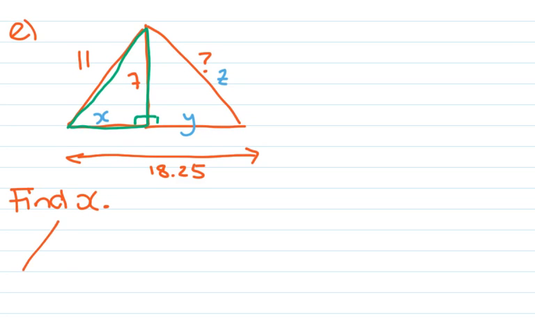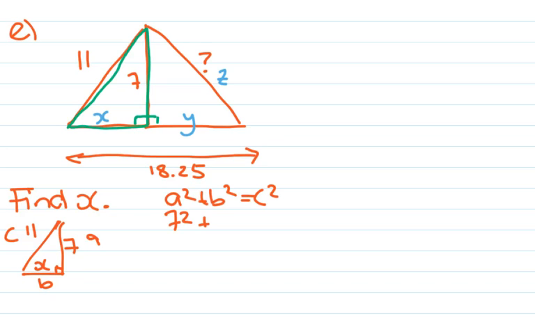So in this little triangle here, this length was 7, 11, and X. So 11 is the hypotenuse, so that would be C. 7 is A, and X is B. So I'll have A squared plus B squared equals C squared. A squared is 7 squared plus, I don't know B squared, and C is 11 squared. 7 squared is 49 plus B squared equals 11 squared, which is 121.